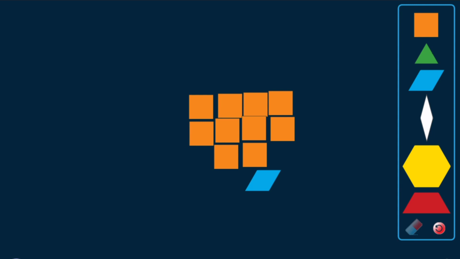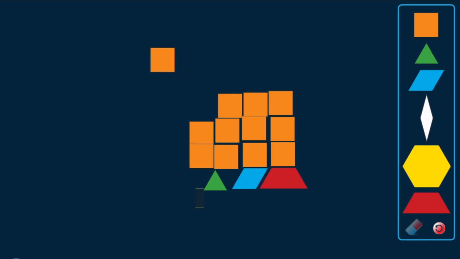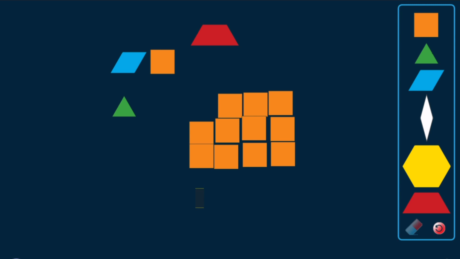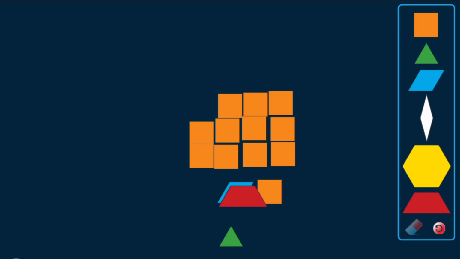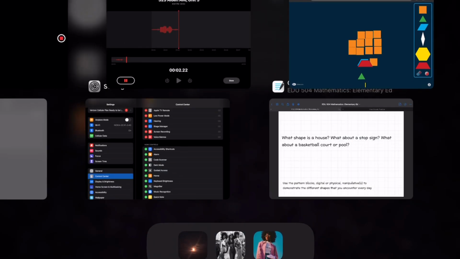So I'm going to try and make that point. The different shapes that I would have them recognize are square, triangle, rhombus or parallelogram, and trapezoid. Knowing this, now they can decompose this shape into shapes that they already understand.